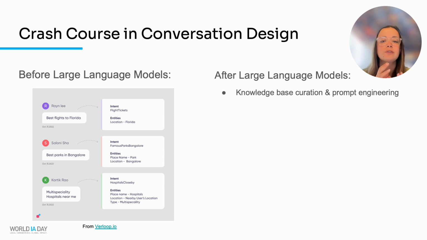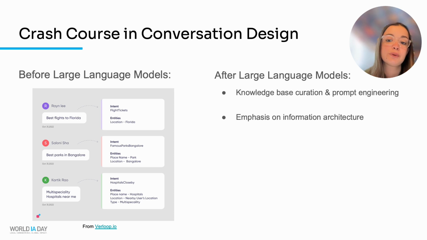So a combination of knowledge base curation and prompt engineering is now used, and obviously this is much less technical and easier to imagine and work with. Here there is a massive emphasis on information architecture, as you can imagine, because you need to structure this knowledge base in a way that matches how the chatbot works and how it can find information. For efficiency and speed, you also need to manage some sort of database to have all your system prompts.